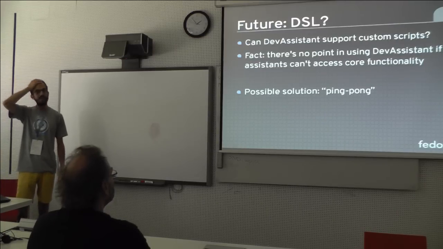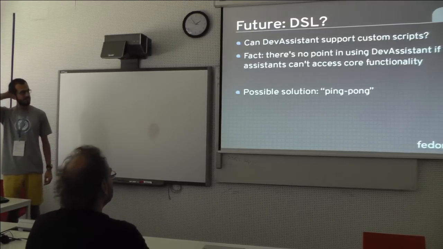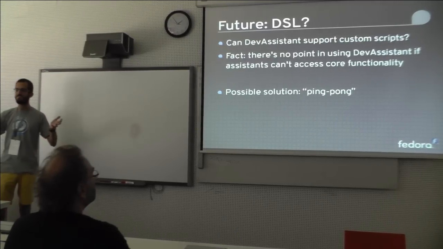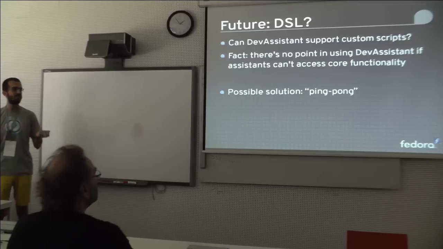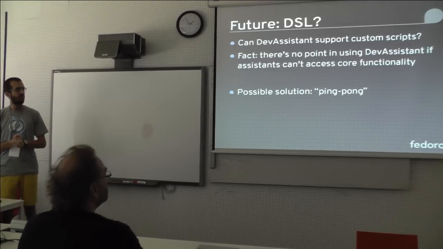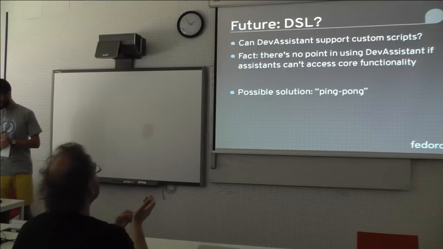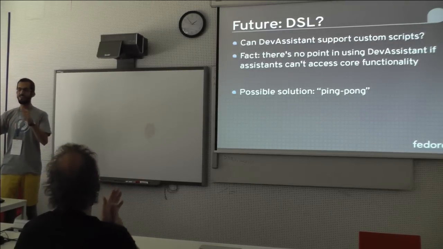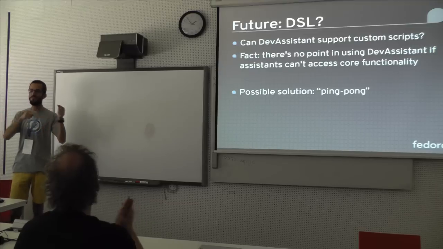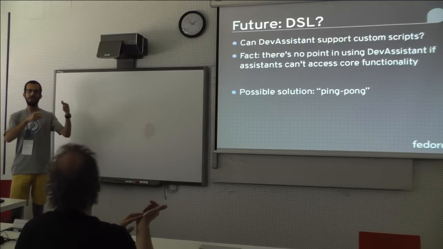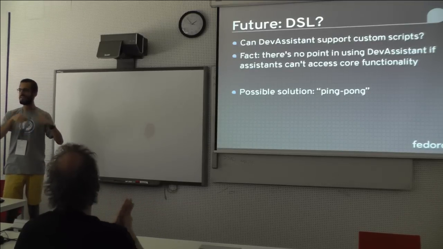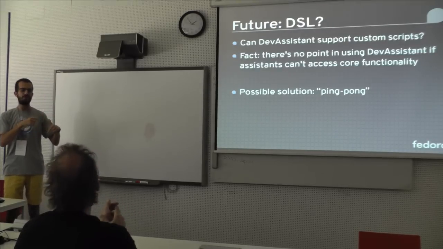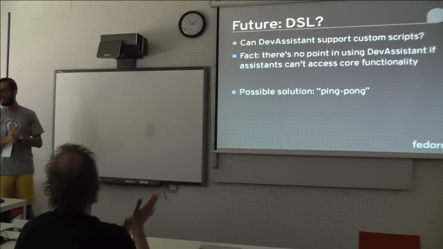So right now we're thinking, can DevAssistant support custom scripts, basically something that is executable and can be run as an assistant? Well, the fact is that there's no point using DevAssistant if the assistants can't access the core functionality, because the core has all the hooks to create a GitHub repo or fork a GitHub repo or install dependencies on the platform and ask for privileges in some way.